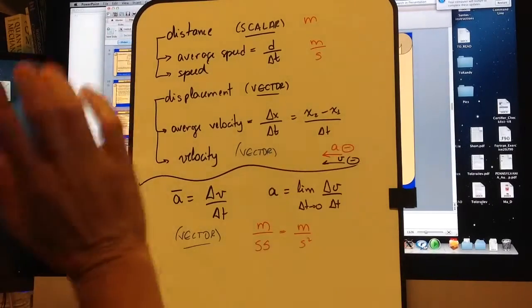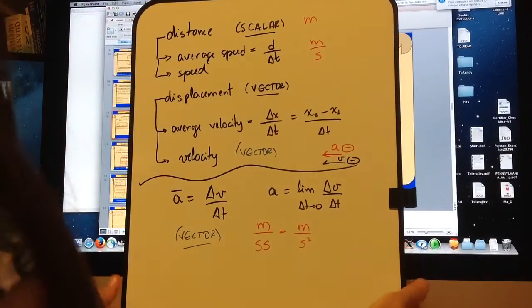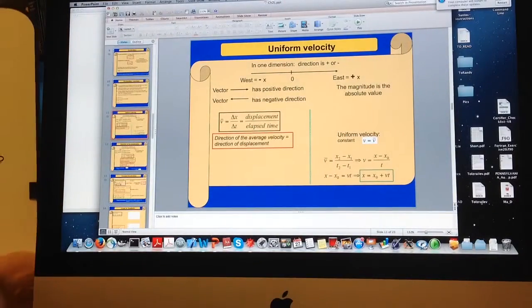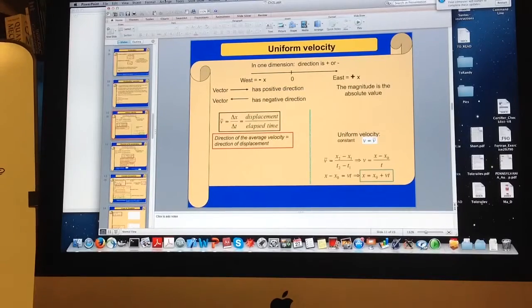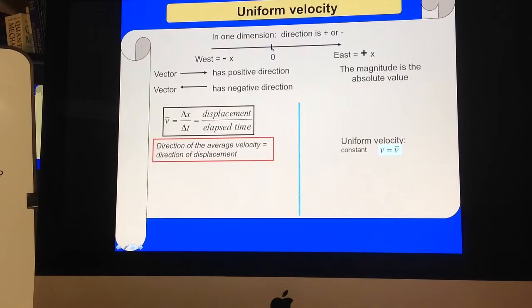So that minus does not mean less, it only means the direction. Very well, so let's come back to what is new. So here we are talking about, as we said, we have a reference frame, we are talking about horizontal motion, we define our origin, and we define what is positive direction and what is negative direction.